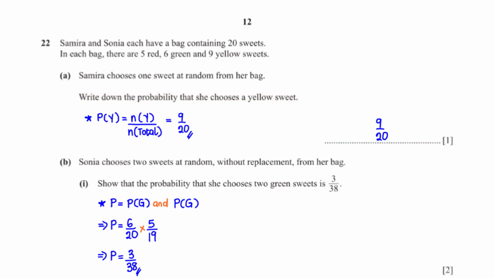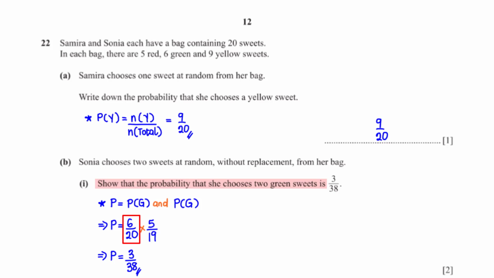Sonia chooses 2 sweets at random without replacement from her bag. Show that the probability that she chooses 2 green sweets is 3/38. The probability that the first sweet she picks is green is equal to the number of green sweets in her bag, which is 6, divided by the total number of sweets, which is 20.